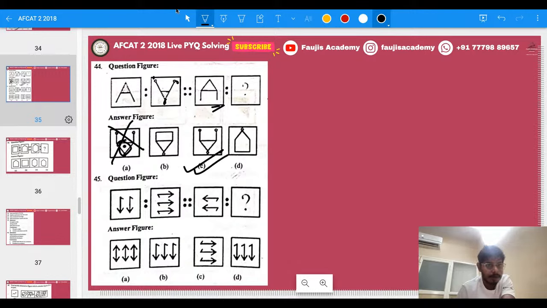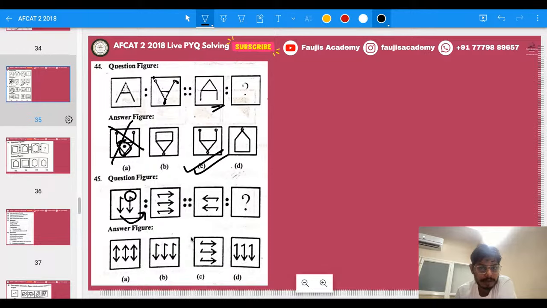Okay. 45. Question number 45, guys. It is moving 90 degrees this direction, and this is changing. This is going in the opposite direction, isn't it? So it will also move down from 2 to 3.